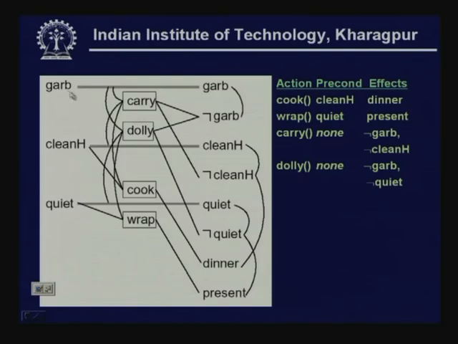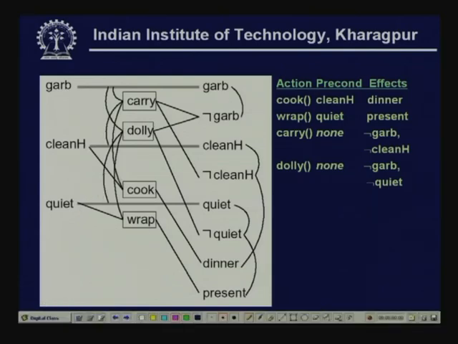These are the precondition links and these are the effect links. These are the maintenance actions, and then we have specified the mutex relations between the different actions.